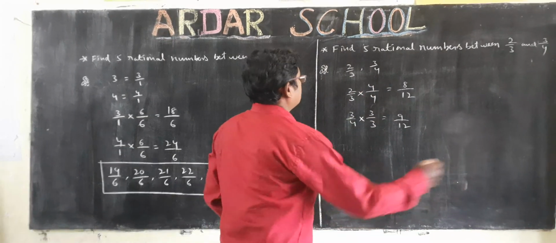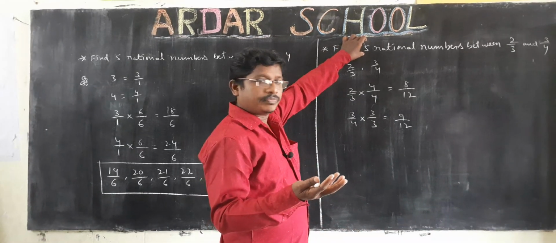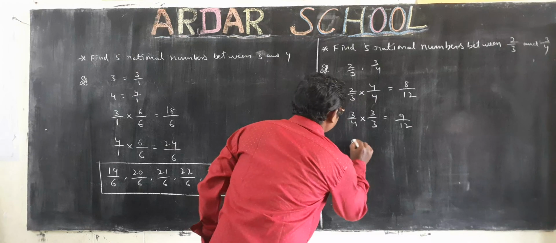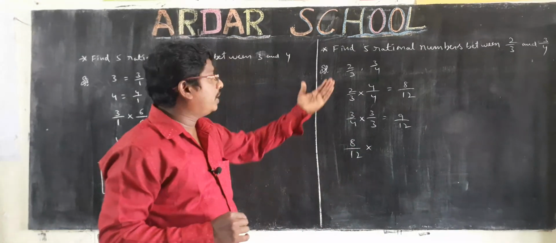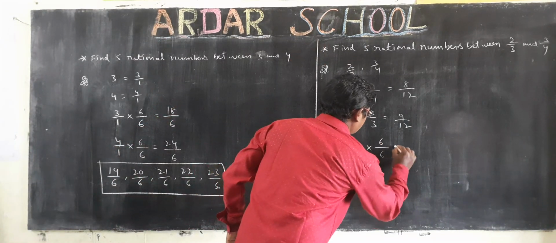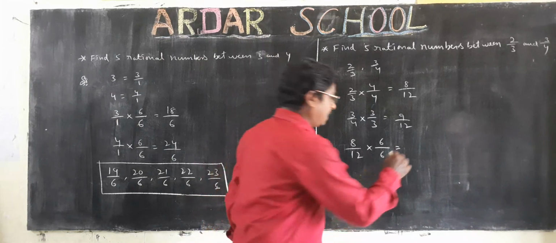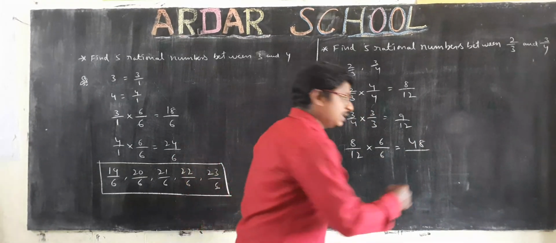The required number of rational numbers is 5, so multiply 8 by 12 by one more than the required number, that is 6 by 6. 6 eights are 48, and 6 twelves are 72.